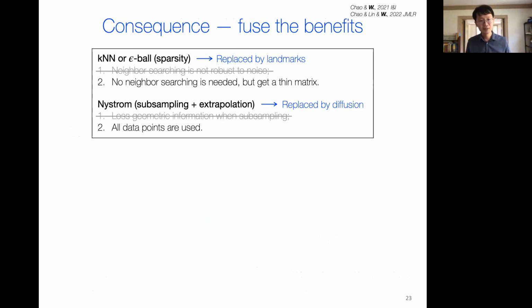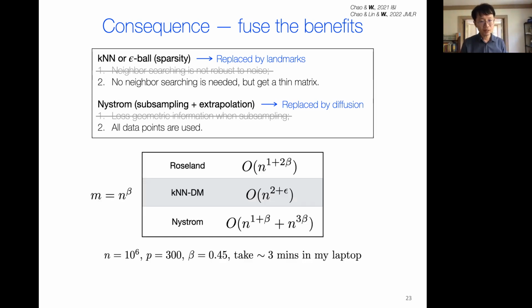Second, the Nyström extension is replaced by diffusion, and the limit of subsampling is replaced by using all the information via the landmark diffusion, so all data points' information is used. And if you do a simple calculation of spatial complexity, you will see that the Roseland algorithm is very close to Nyström extension, also slightly worse, but it is much better than diffusion map, even if you consider sparsity structure.